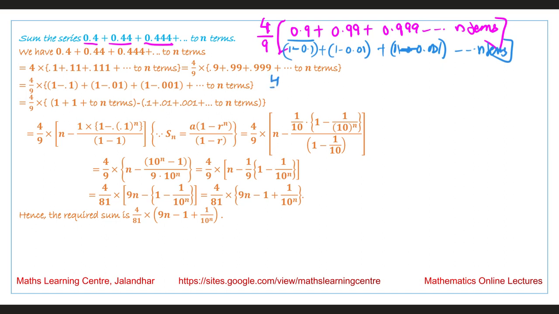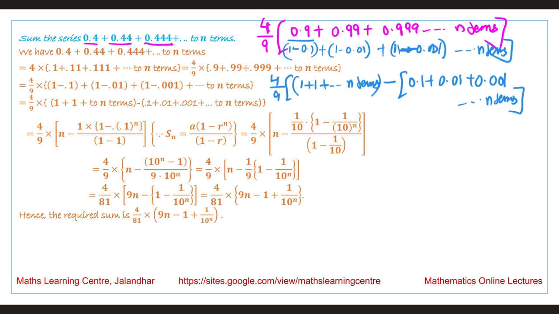So we are getting 4 by 9 into 1 plus 1 plus so on up to n terms, minus 0.1 plus 0.01 plus 0.001, so on up to n terms. So what we obtain is 4 by 9 into 1 is added n times, so it is n, minus, now this is a GP.